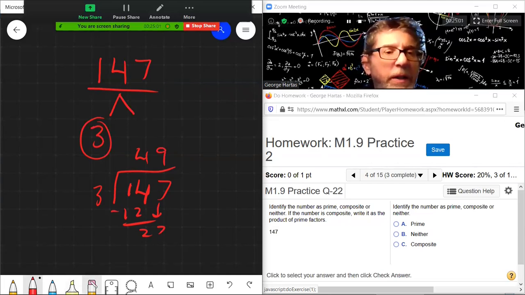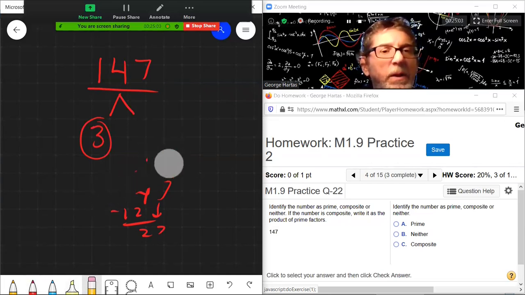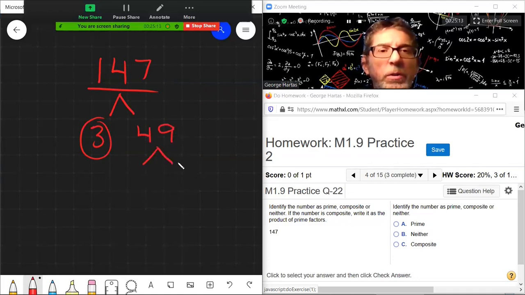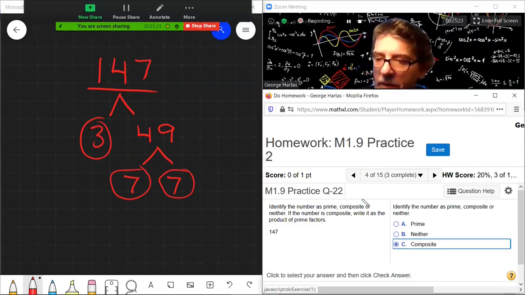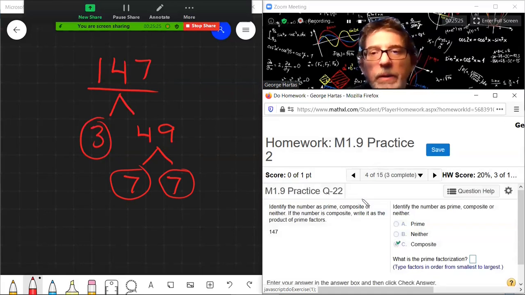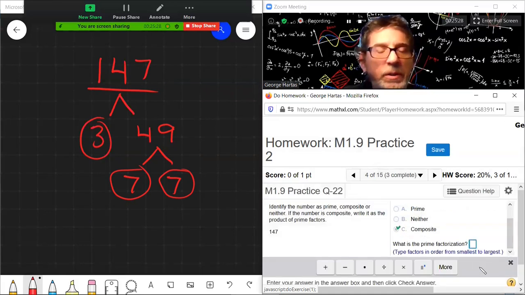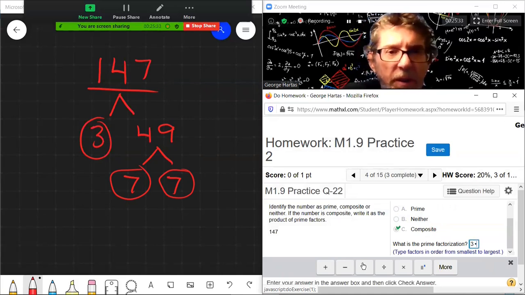Aha, 49. 3 times 49 is 147. And using your multiplication table knowledge, you know that 7 times 7 is 49. So we have a composite number, and the prime factorization is 3 dot 7 dot 7.